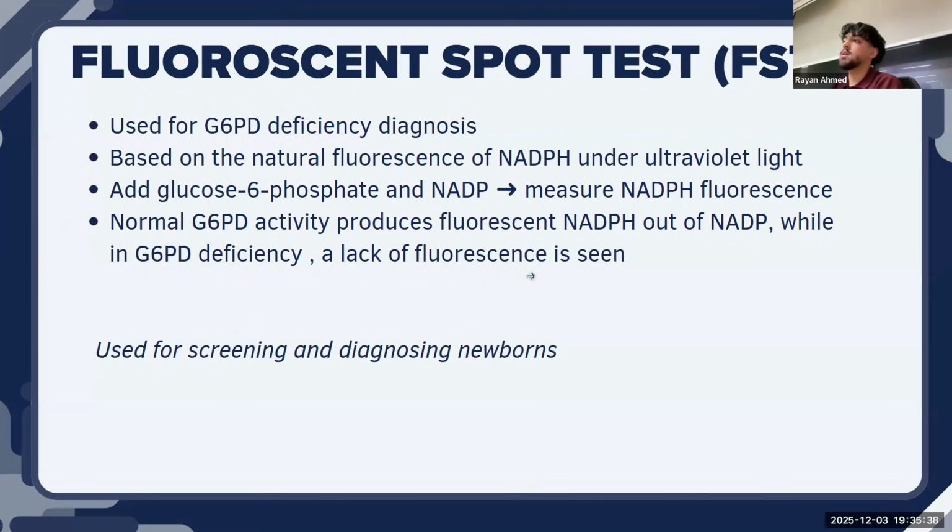So again, we use natural fluorescence of NADPH under ultraviolet light, add glucose 6 phosphate and NADP to measure NADPH fluorescence. If the person is not deficient in G6PD, it's going to produce normal NADPH, but if they are, there's no fluorescence. That's about it for this. Very low yield, but again, for completeness' sake.